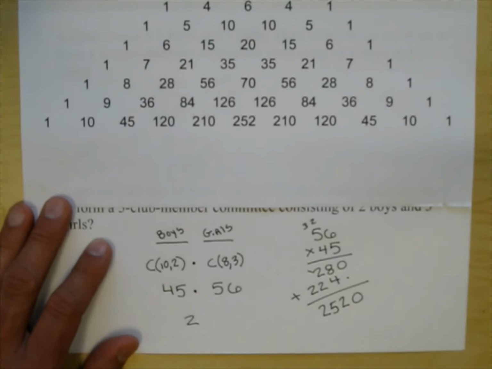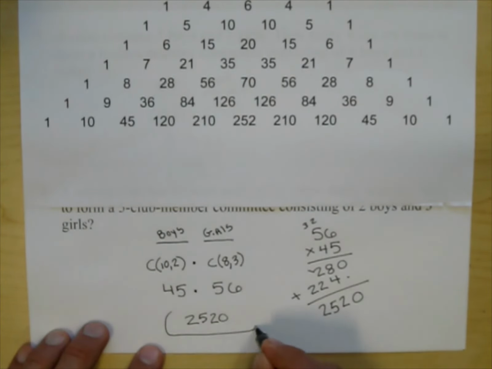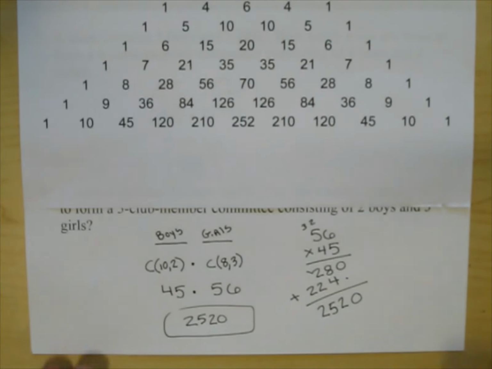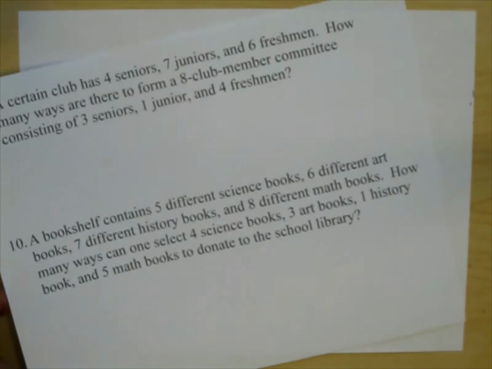So I get 2,520 for the answer on this one. And there it is. So in problems 7 and 8, we are multiplying combinations. And in this class, you'll add combinations only when you see the at least or at most problems. Now, in the real world, things can get more complicated, but this is just an introduction to counting.